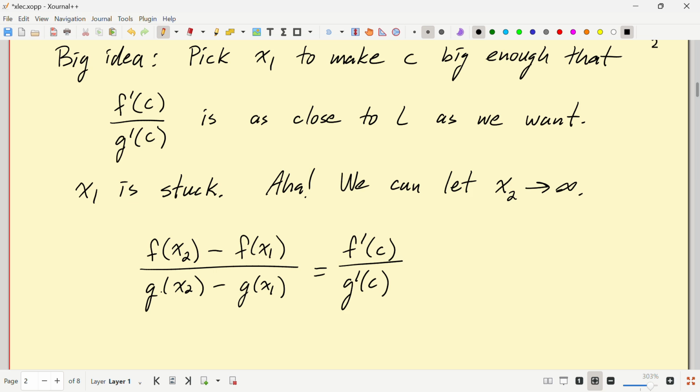That's what I know, and the thing on the right is getting close to L. And I want the thing on the left to look like f of x2 over g of x2. Add it? I want to get a ratio. Oh, I see what you're saying.